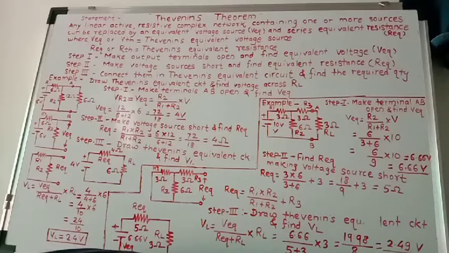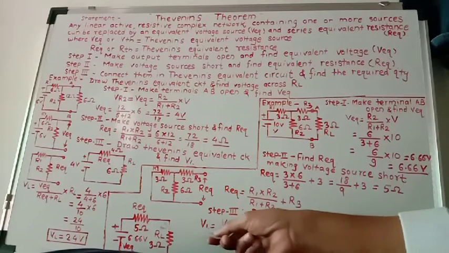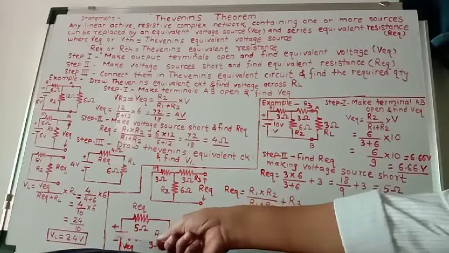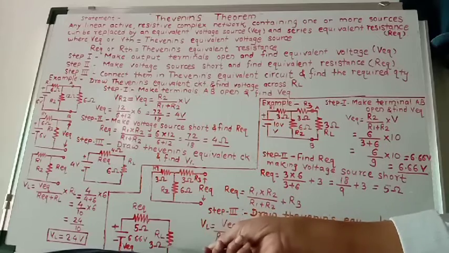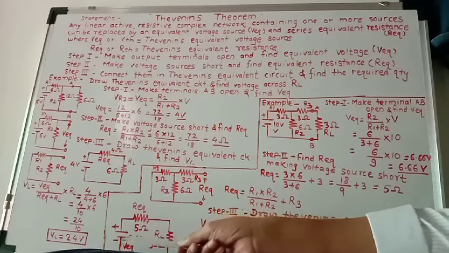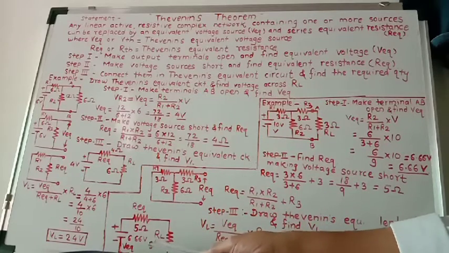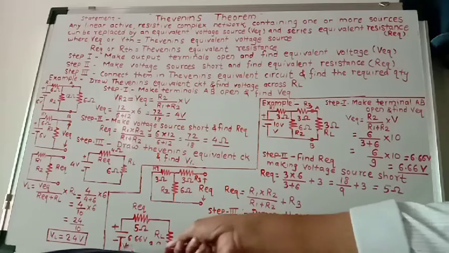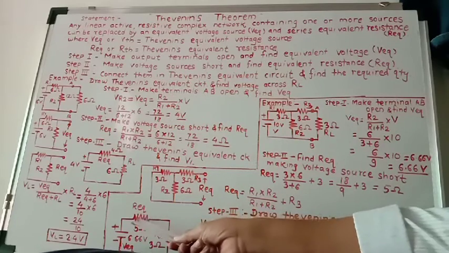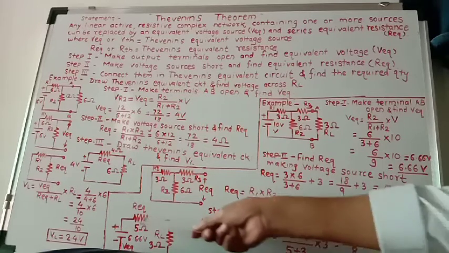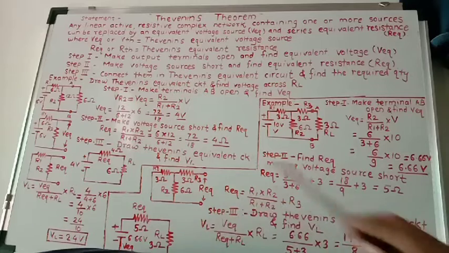Now we have to find out VL, that is load voltage, means voltage across RL. Voltage across RL is equal to IL into RL, where IL is equal to V equivalent divided by R equivalent plus RL, because I is equal to V upon R, and these resistors are connected in series, so they are added together.